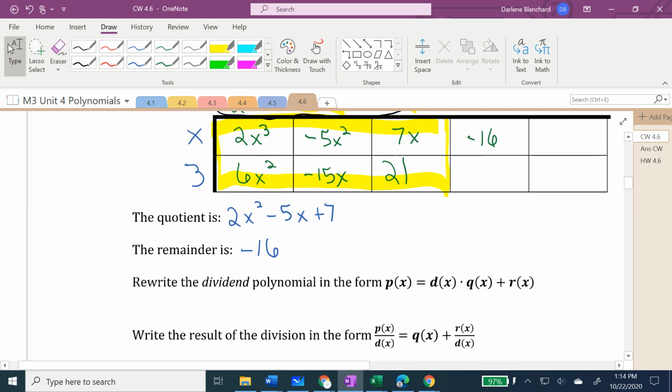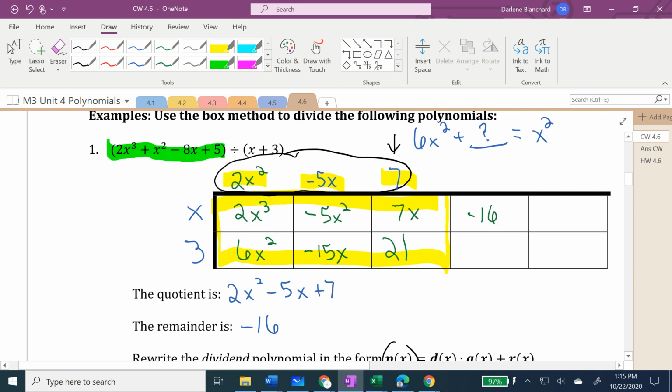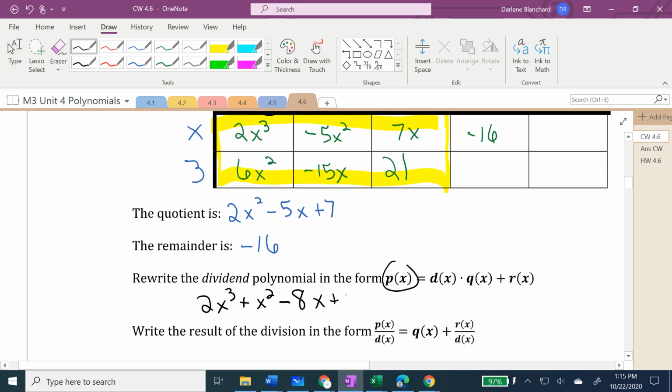So when I rewrite that polynomial, I'm saying 2x cubed plus x squared minus 8x. That looks horrible. Bugs me. And then what was the constant? Plus 5.